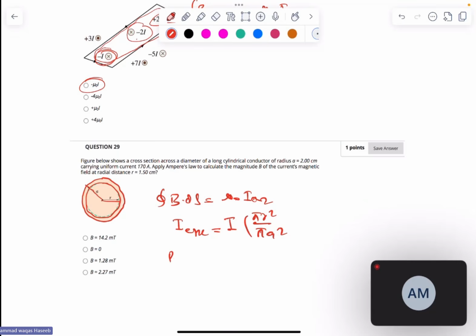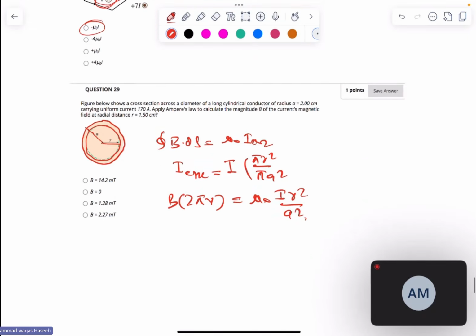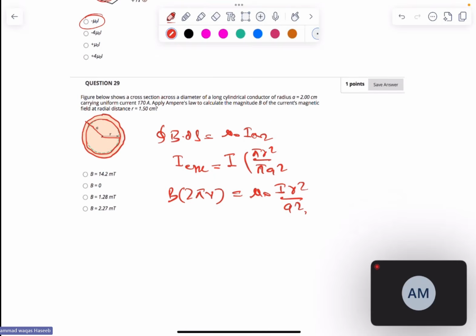So the magnetic field, B times 2 pi r for the closed loop, equals mu naught I r squared over a squared. So the magnetic field will be 0.01275 Tesla, which is 1.28 millitesla.